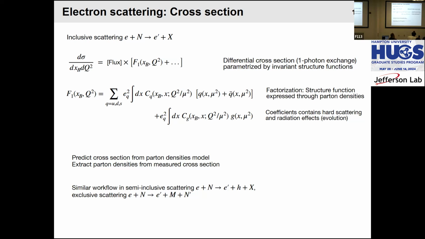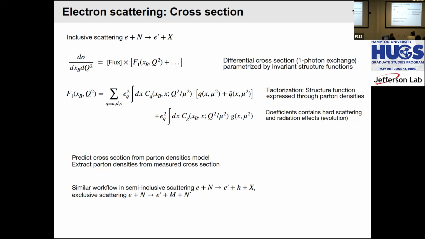Also under the integral, we have a coefficient function C_q, which accounts for two things: the actual quark-level scattering process, and the radiation that accompanies the scattering process that connects the structure at the scale mu square with the probe at the scale Q square. So this is exactly what we discussed in the first part on factorization.